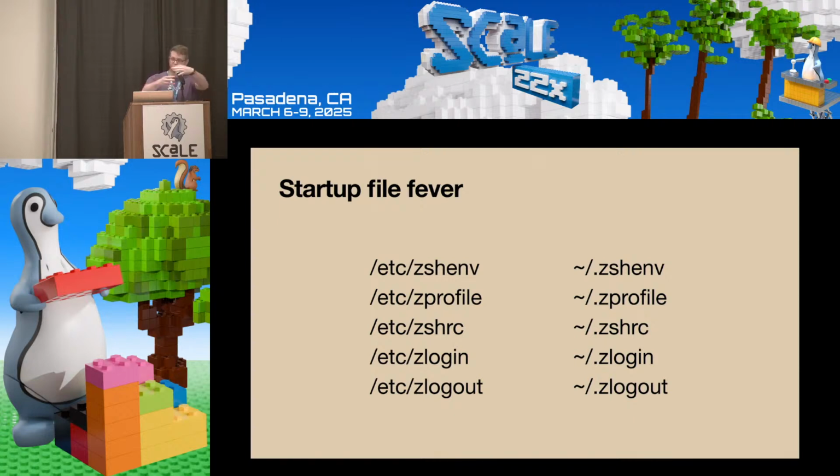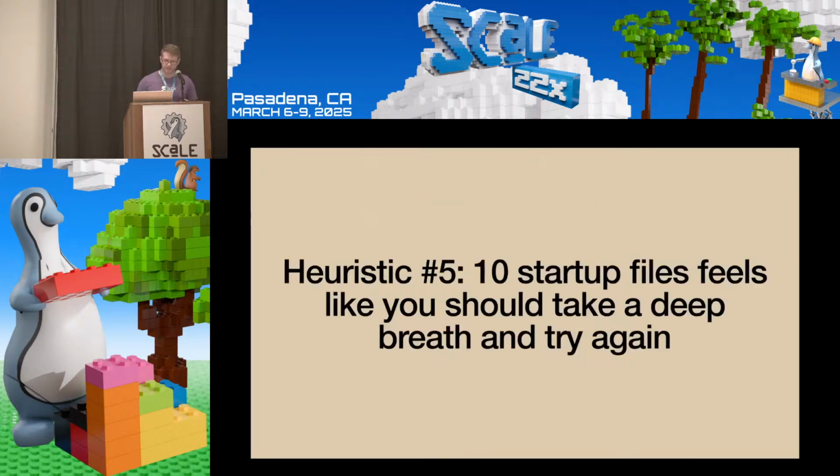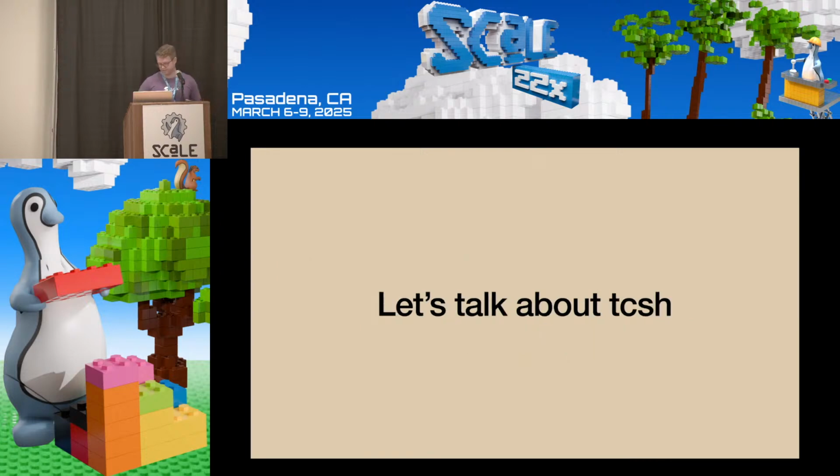And as you can imagine, all those combinations make life very fun. If you use Phlox and you use Z-shell, you collectively owe me and my team a vacation. Also, it's not actually tilde, it's something called ZDOTDIR, which defaults to tilde, but you can set it to wherever you want. So, heuristic number 5, 10 feels like a lot, maybe don't do that.